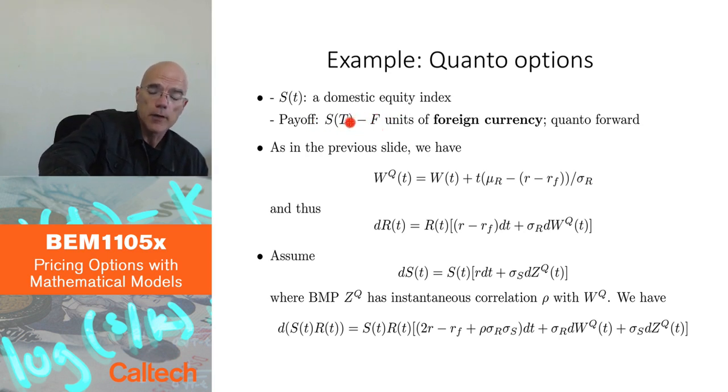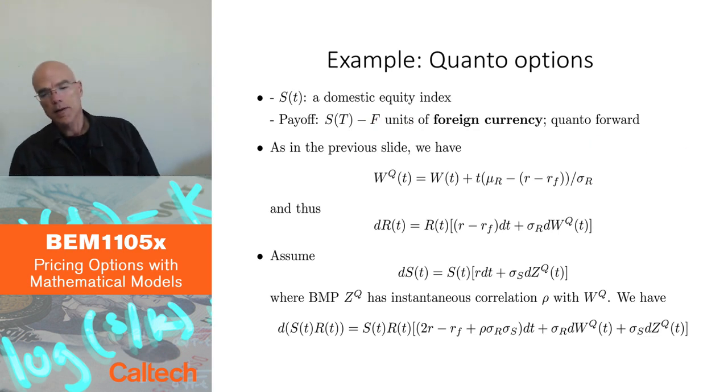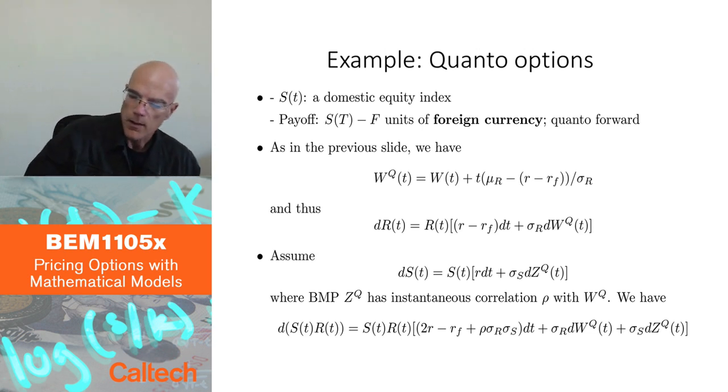It would actually pay 800 euros. So you just look at the value of the American index in dollars minus F, and if you hold this option, you actually get that number in euros, in foreign currency. Again, not maybe something that is traded very often, but useful for practice.